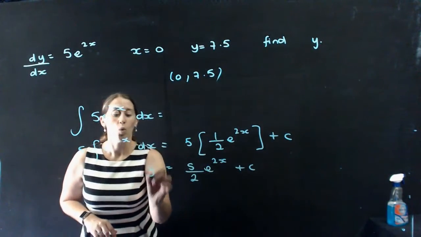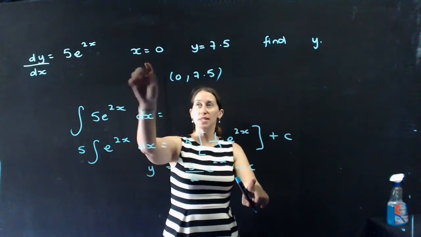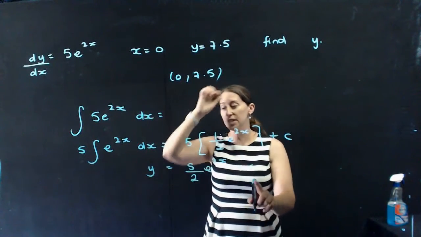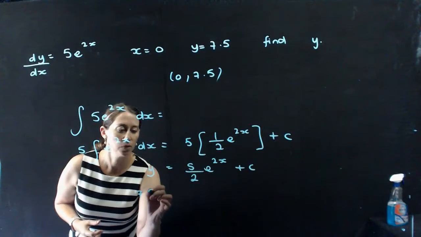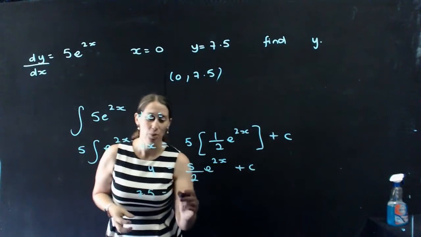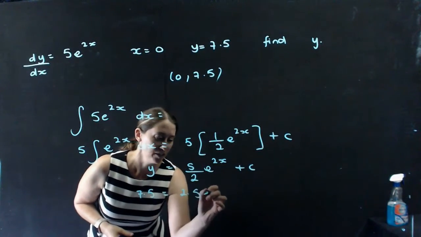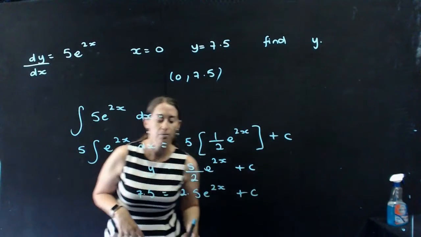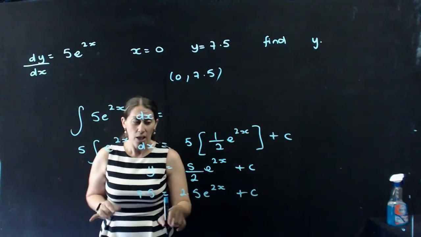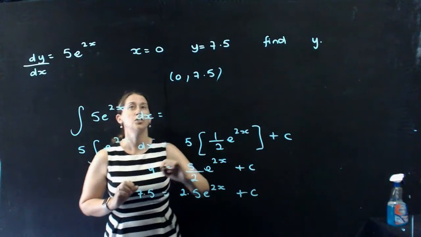So this is now y. And we're going to use our values of x and y here to find c. So let's substitute in. I've got 7.5 equals, well, this is technically 2.5, isn't it? 2.5 e to the 2x plus c. I don't like using decimals, I much prefer fractions. Now, I need to substitute in x is 0.